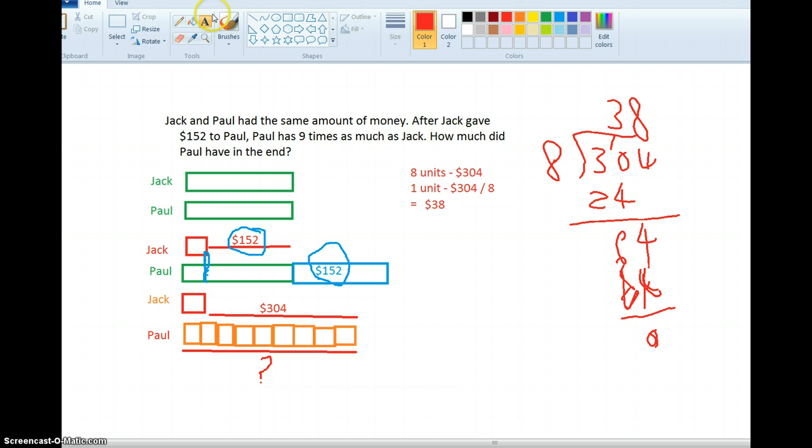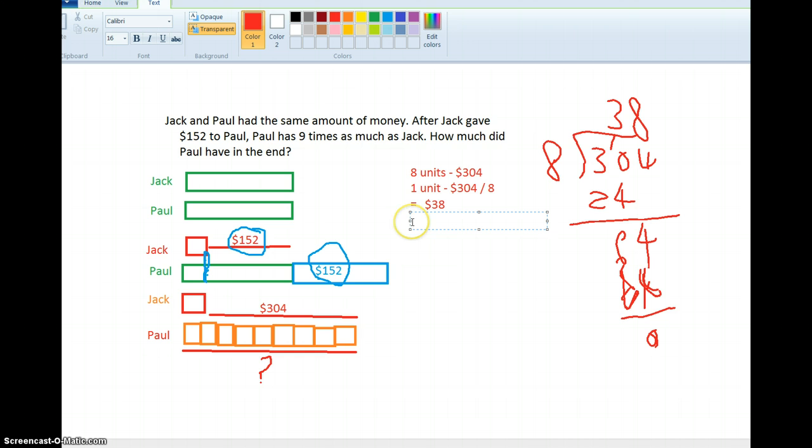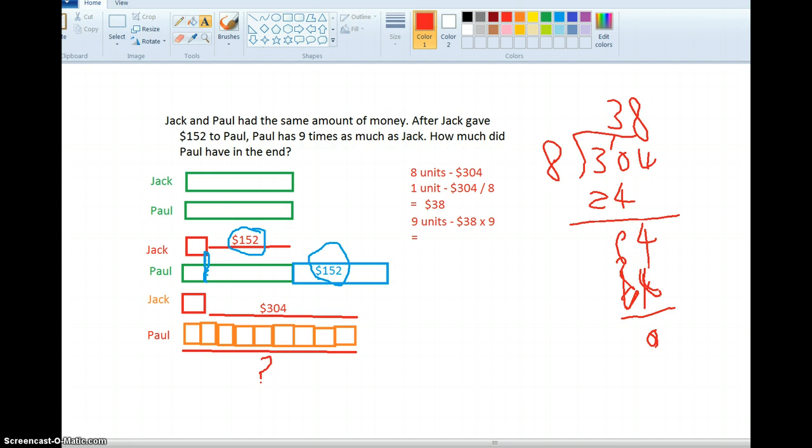Then how much is 9 units? 9 units would be $38 multiplied by 9 equals, let's do the working over here again.